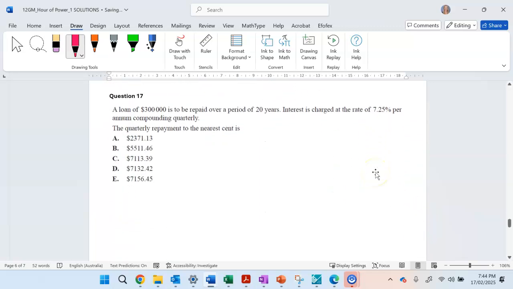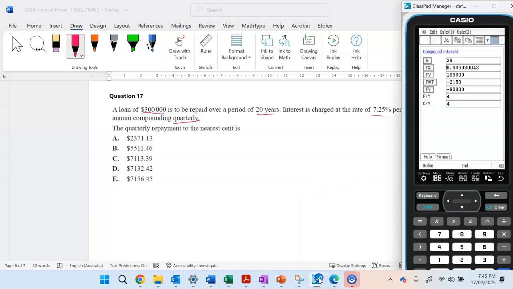All right, a loan of $300,000 is to be repaid over 20 years. Interest is charged at the rate of 7.25% per annum compounding quarterly. The quarterly repayment, okay, back to the calc, clear. So a loan of $300,000, so that's positive.